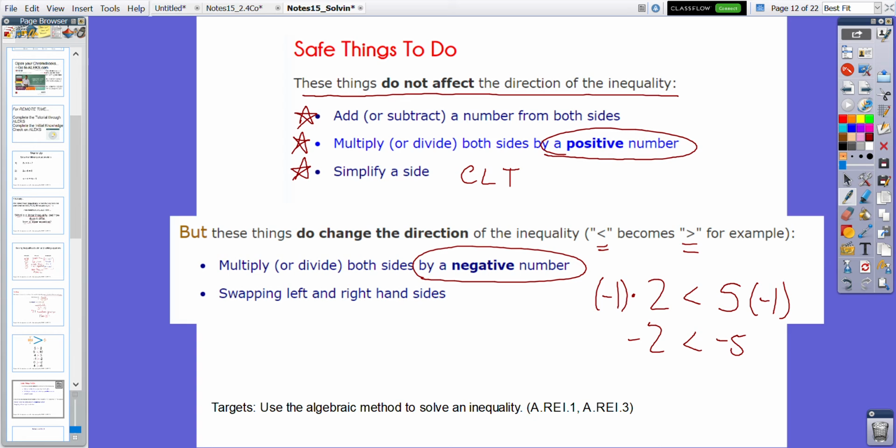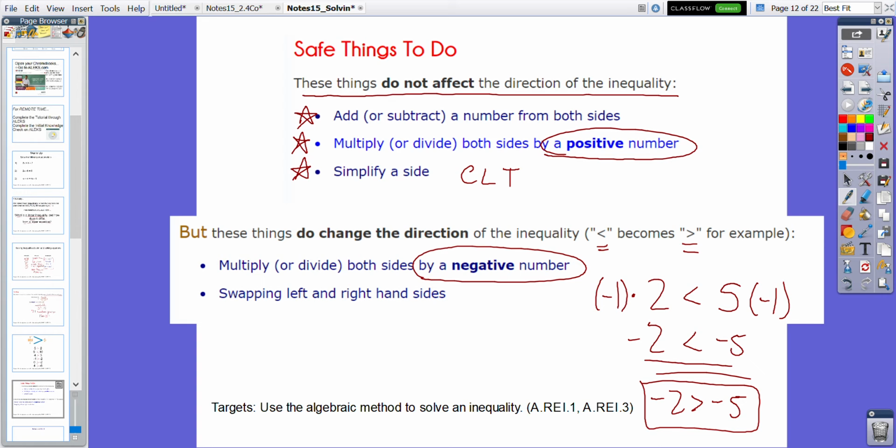But if I don't change the sign, this is a false statement, because if you think about it in terms of negative numbers, we're farther to the left with -5 than we are with -2. So in that case, we would have to switch the sign. So -2 is greater than -5. Okay, so that is why we switch the sign here, okay?